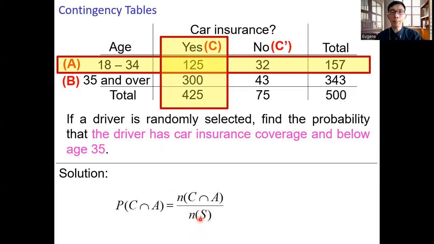Then we can compute the probability. The probability equals 125 divided by 500. We get 0.25. So the probability that the driver has car insurance coverage and below age 35 is 0.25.